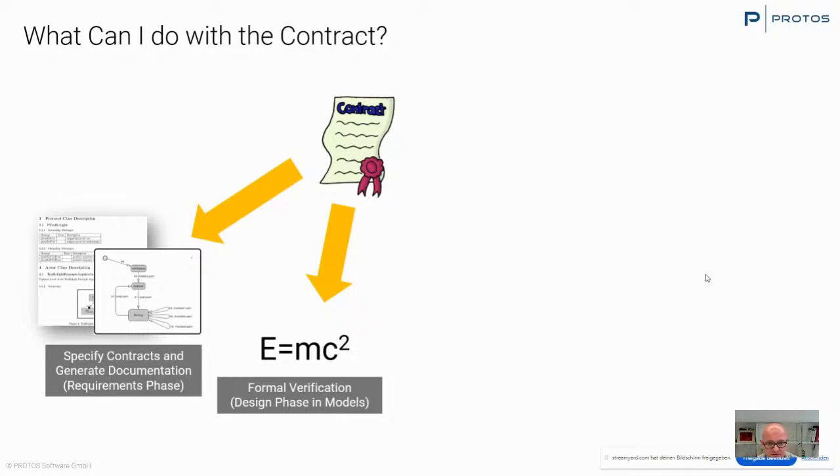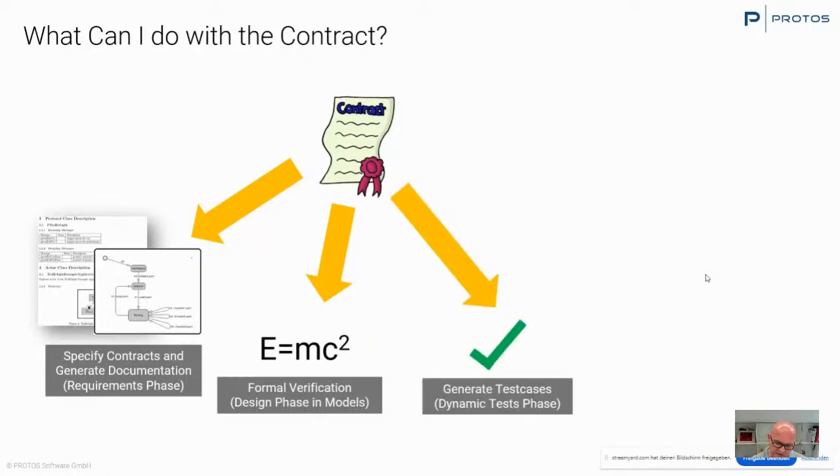But if you have that, you can verify while you're designing. So you do not even have to generate code or program or whatever. Already in the design phase, you can prove that the software is correct or that it's not correct. So then the next step is the test phase. You can generate test cases from the contract for the dynamic test phase.